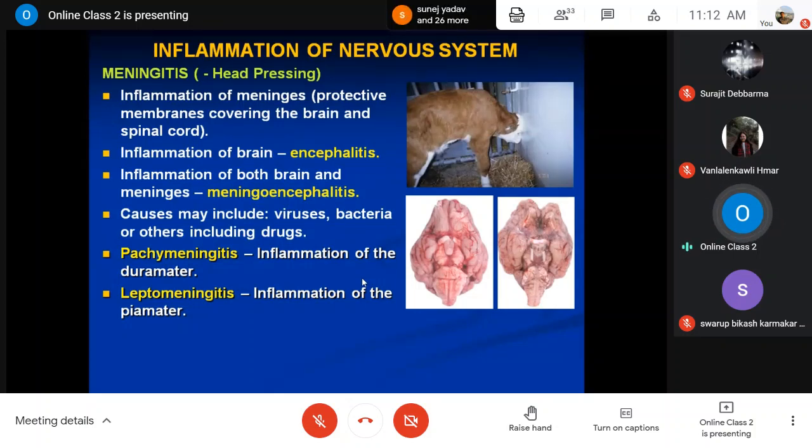Because of this nervous irritation in the meninges, it is very irritating and very painful.